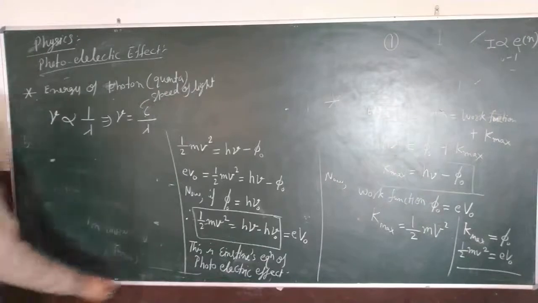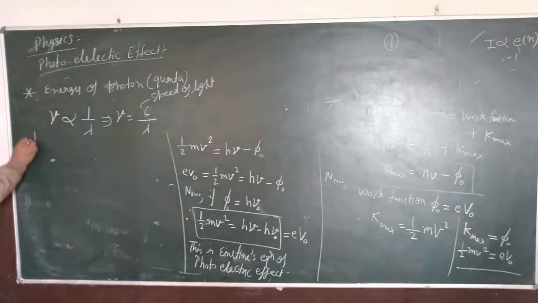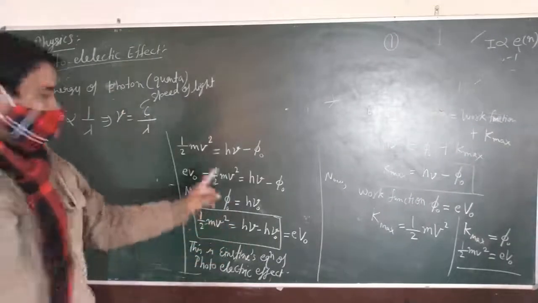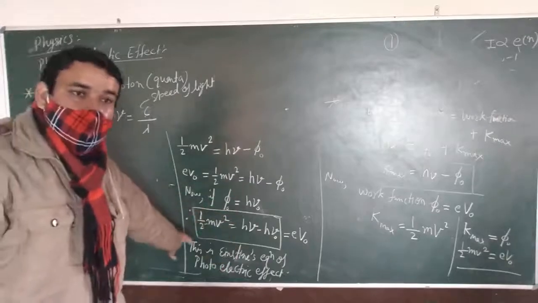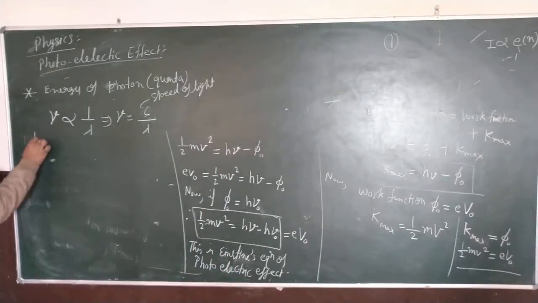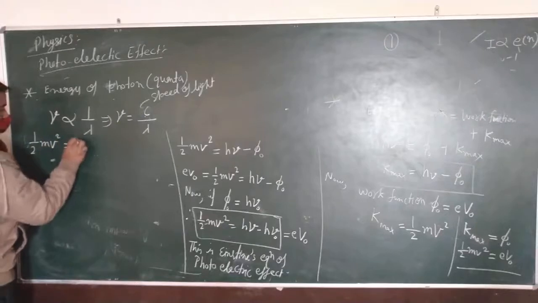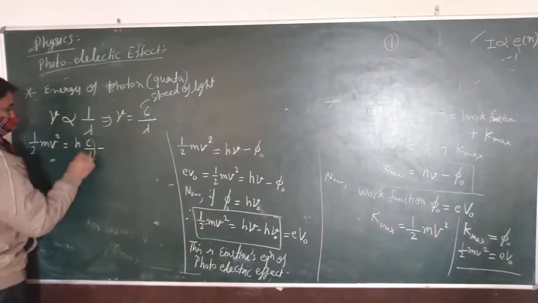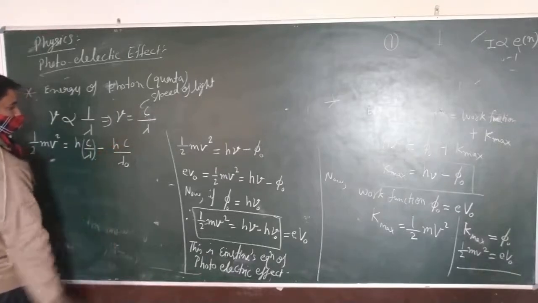Therefore, by putting the value in the Einstein equation, we derive the relation between the frequency and wavelength with the maximum kinetic energy, that is half mv square is equal to h c upon lambda minus h c upon lambda naught.